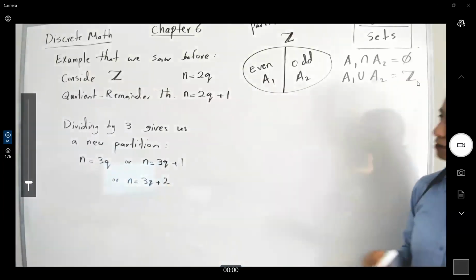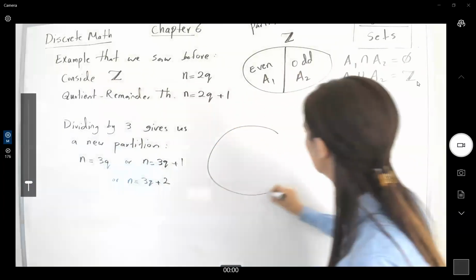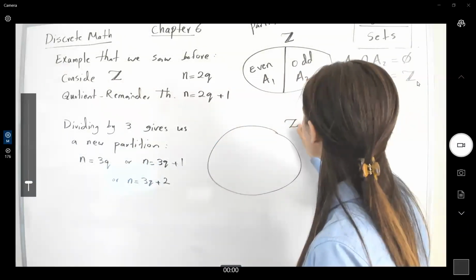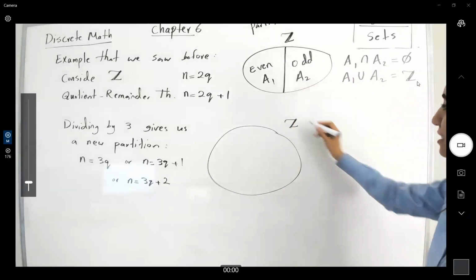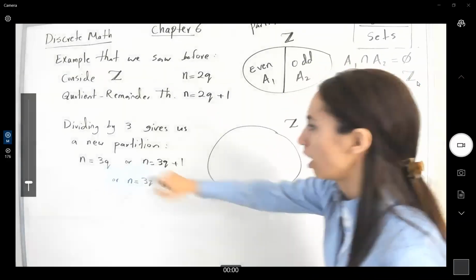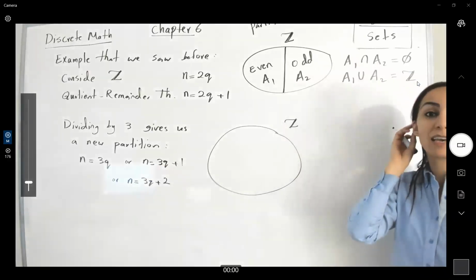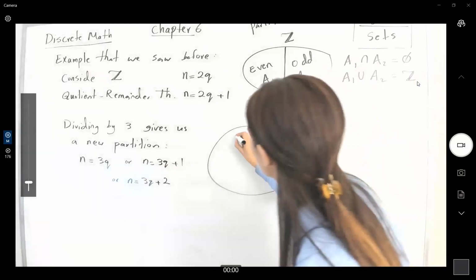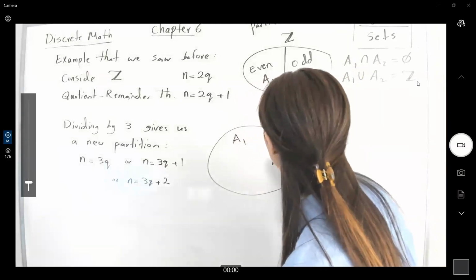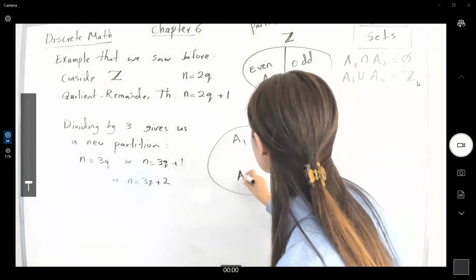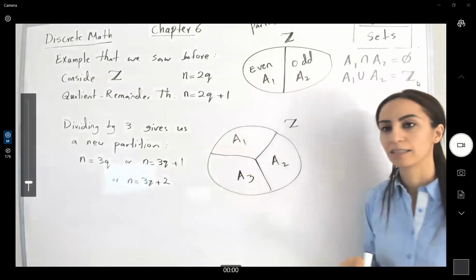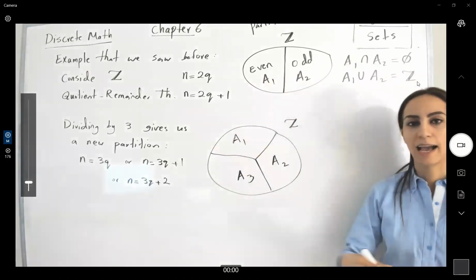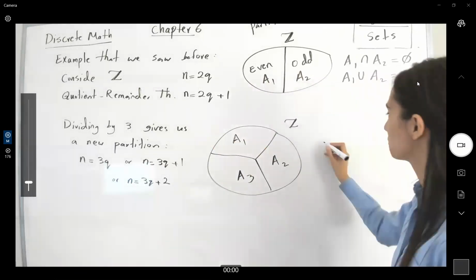Okay, well, let's see what we have. This is Z. I'm going to represent a new partition for Z. I'm going to define sets A sub 1, A sub 2, A sub 3. And I'm going to claim that these three sets have no intersection with each other.